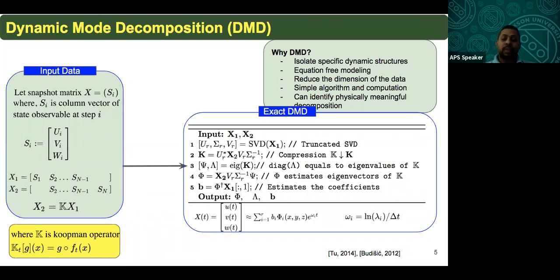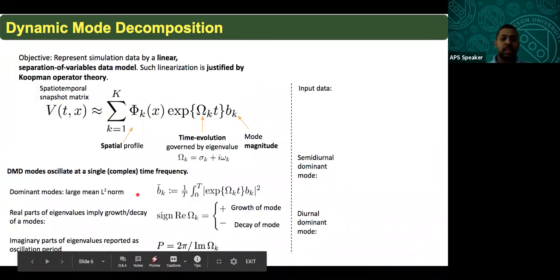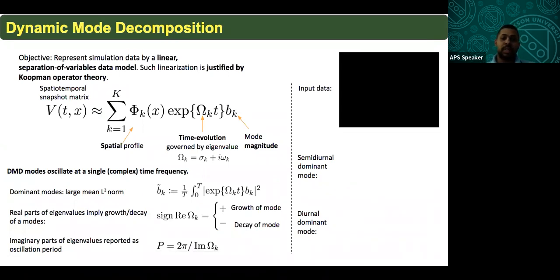This is a very simple algorithm. You can use MATLAB with 5 lines of code to implement it. But it is a very powerful tool because of the Koopman analysis; we can justify this algorithm using the Koopman operator. Let me give you a little more detail about what this algorithm is.